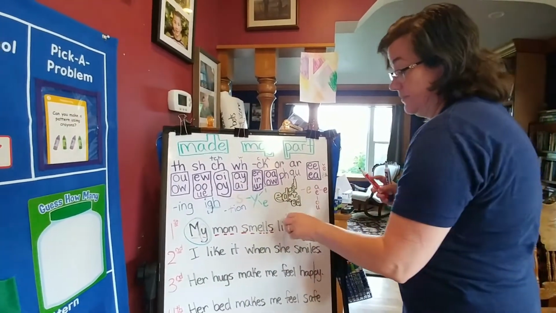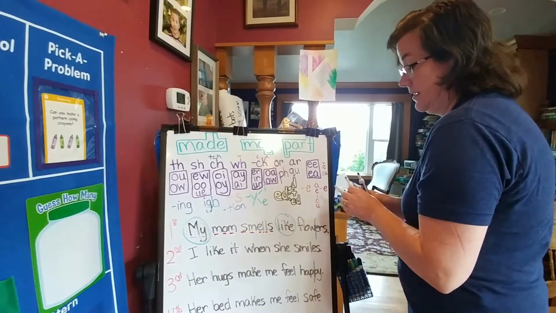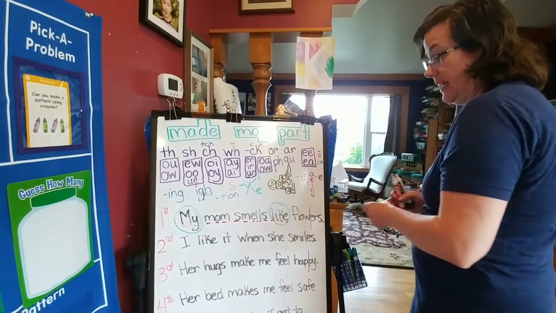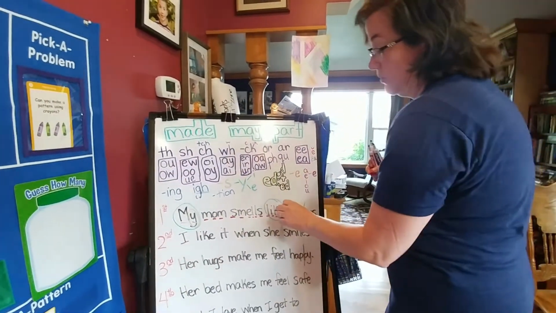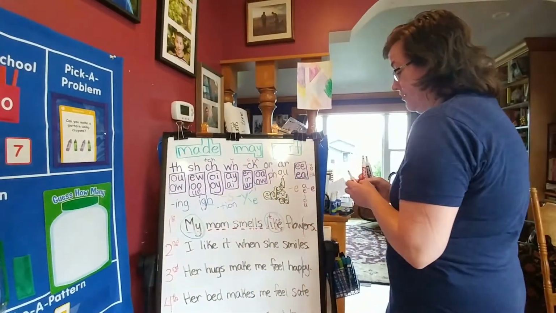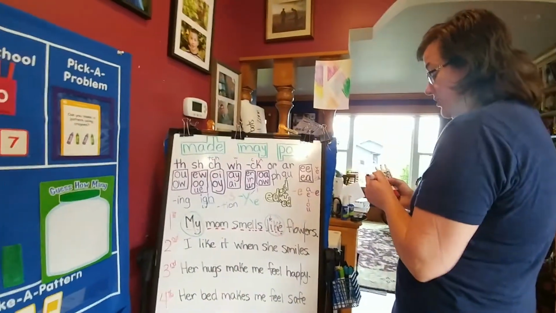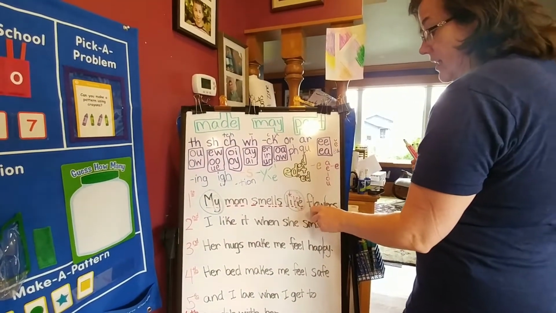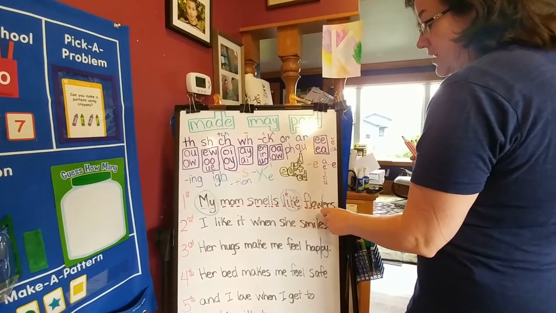Sight word like. L-I-K-E, like. Like has our silent E, going past only one letter to make that I say its name. Flowers. Flowers are a thing. Flowers, more than one flower. Let's spell it. F-L-O-W-E-R-S.